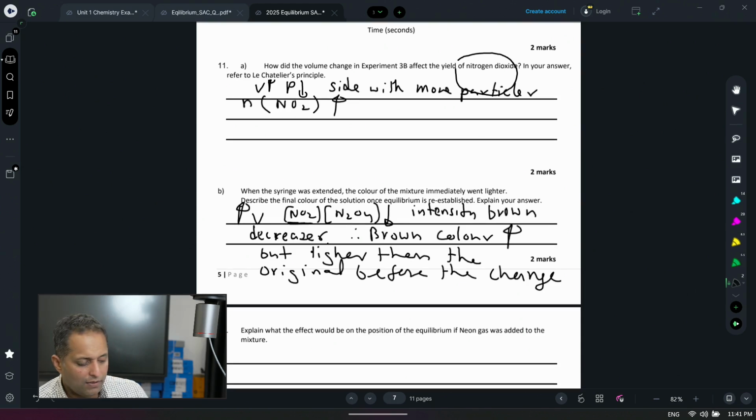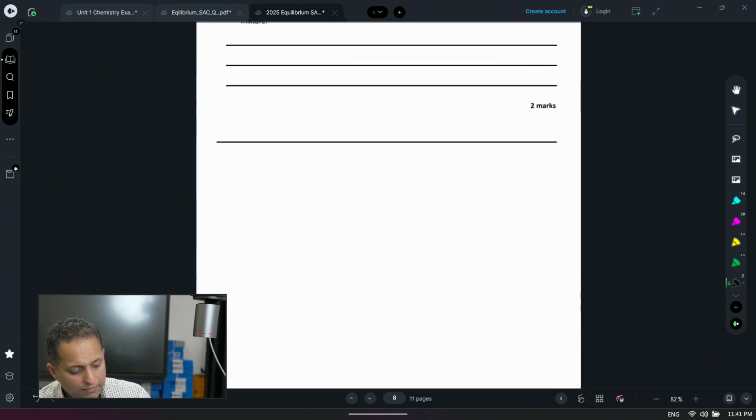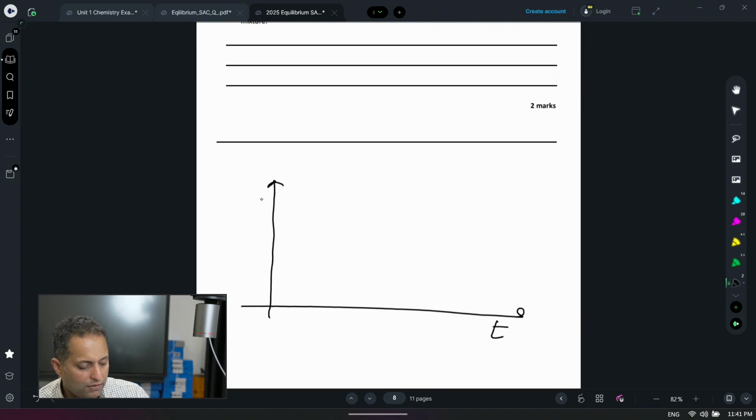If I want to draw a time concentration graph, let me do that. NO2 concentration, right? This is equilibrium. NO2 concentration doesn't change, so it's brown. Now you are increasing the volume, so the concentration decreases and the intensity of the brown color decreases.